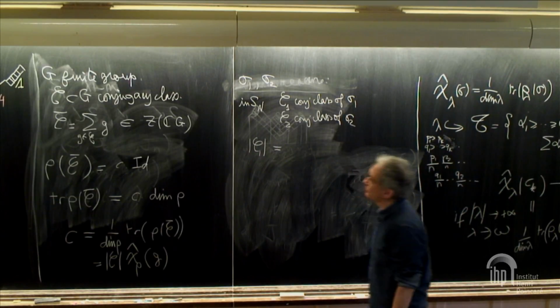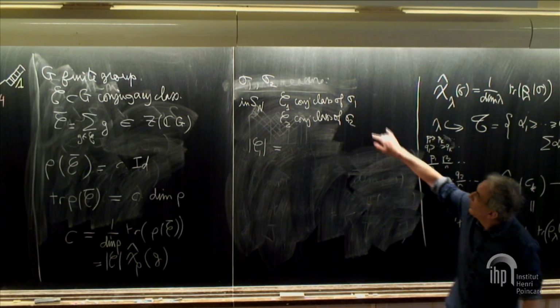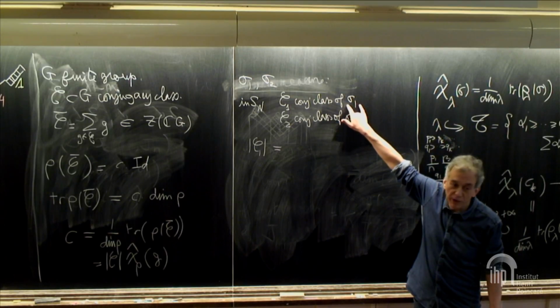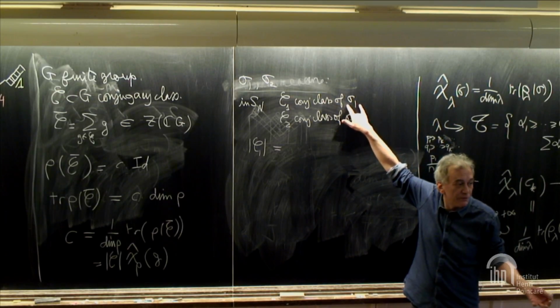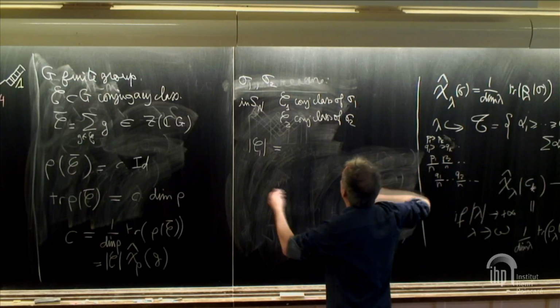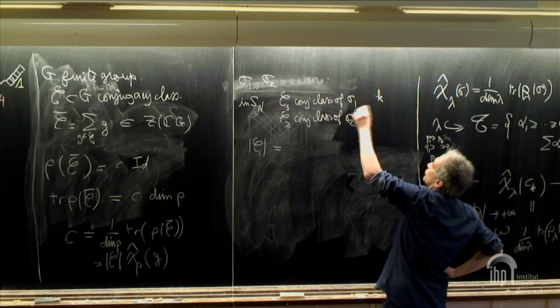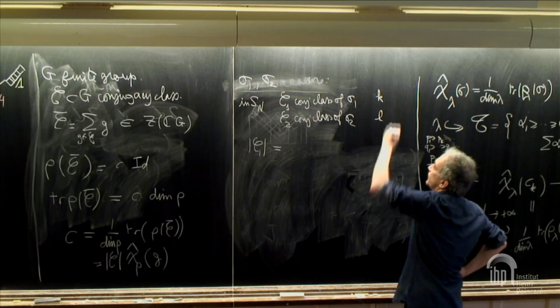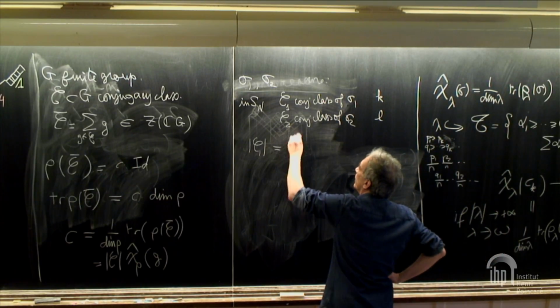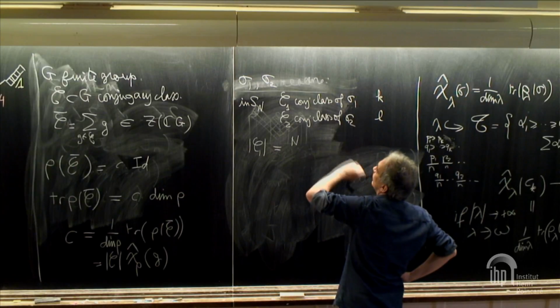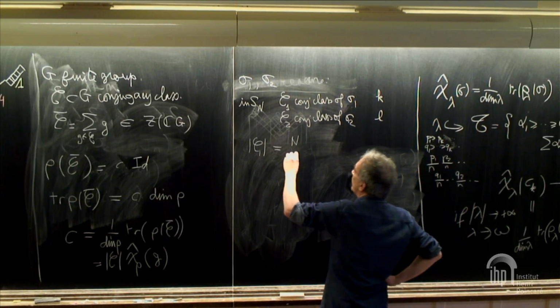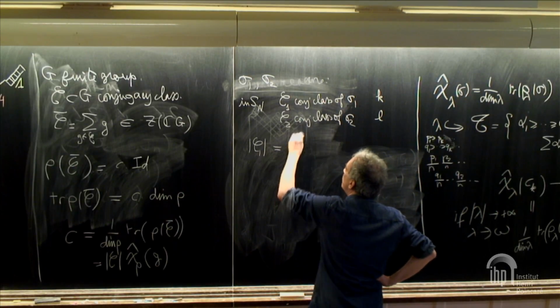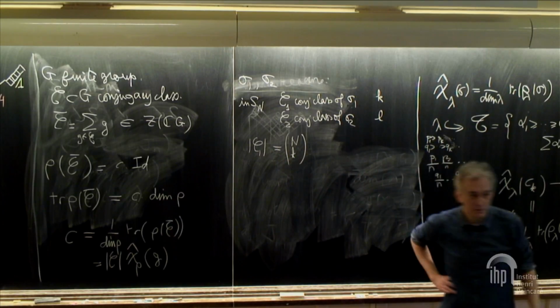So the number of elements of C1: sigma 1 has some set of non-fixed points. Let me say that it has k points. The support of sigma 1 consists of k points, and the support of sigma 2 consists of n points. So in order to find an element in the conjugacy class C1, I have first to find k points among the n that I have here.